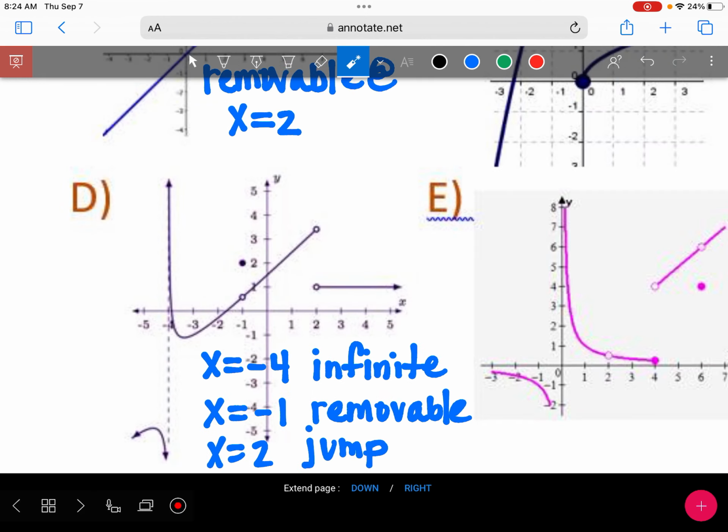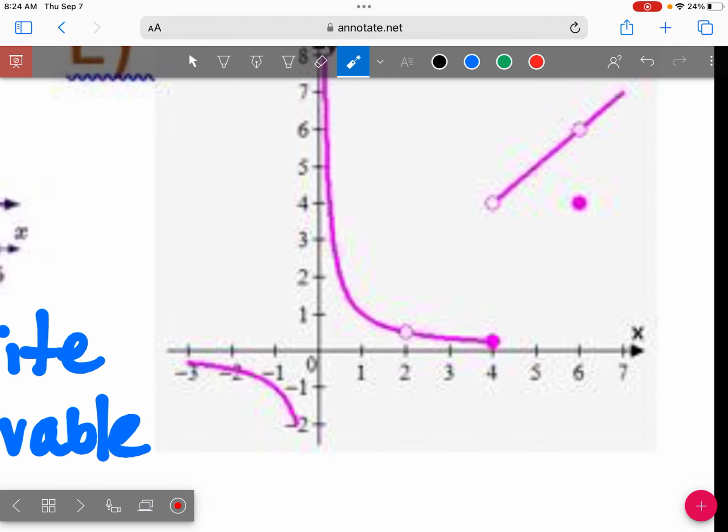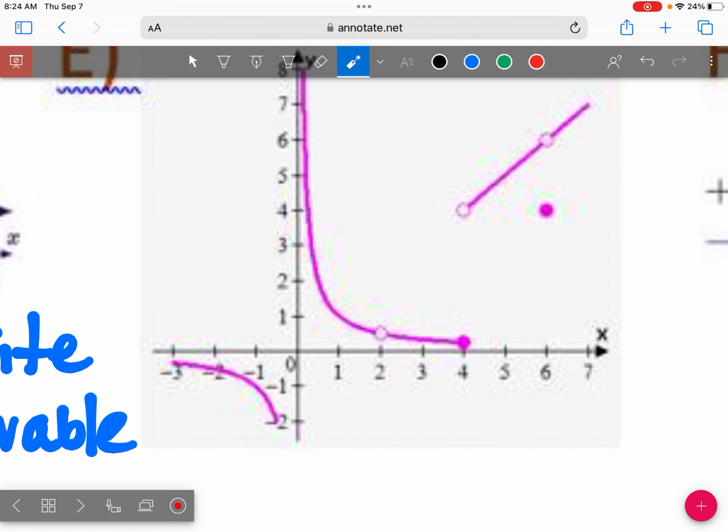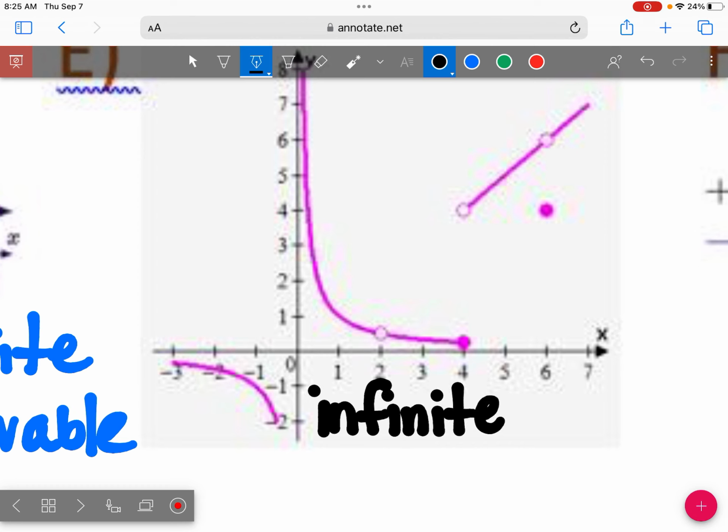All right, let's look at E. In graph E, I see 1, 2, 3, 4 discontinuities. I see 2 removables, 1 jump, and 1 infinite. So I have an infinite at x equals 0.